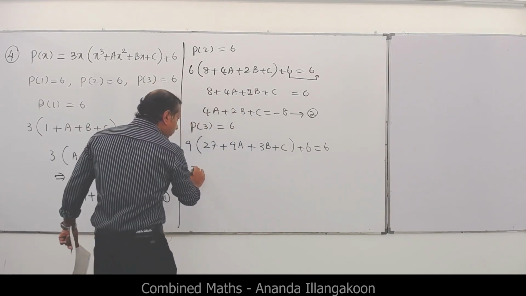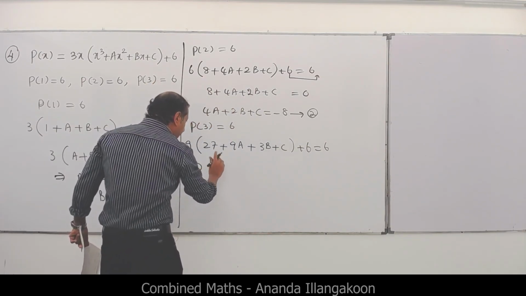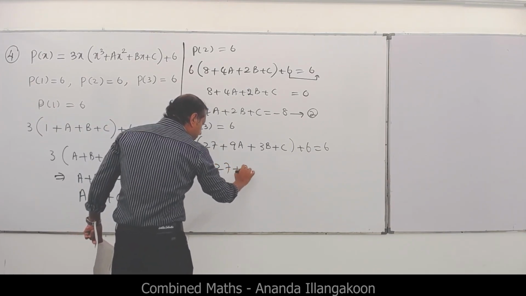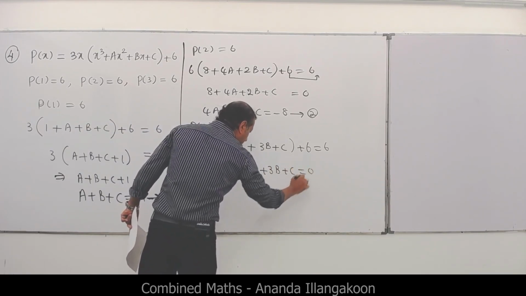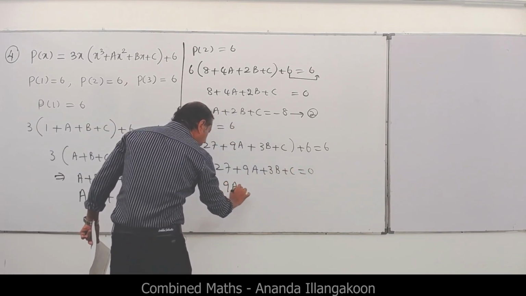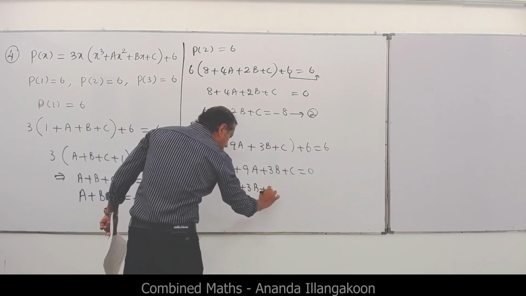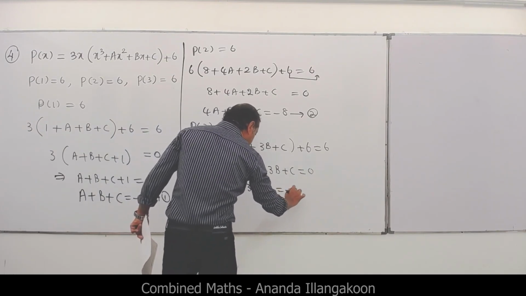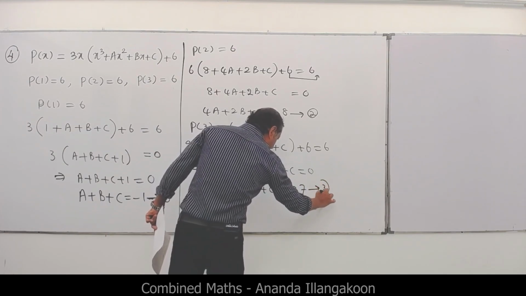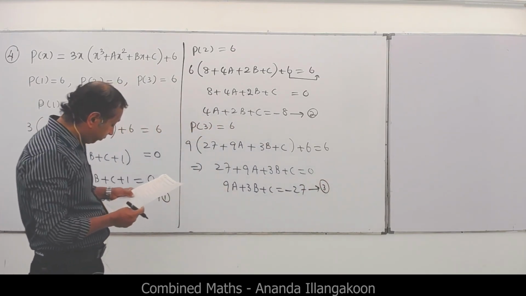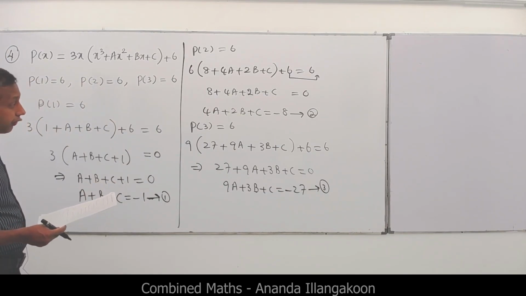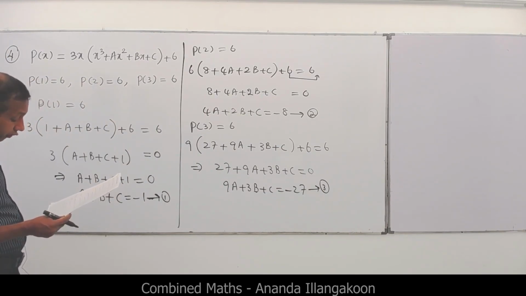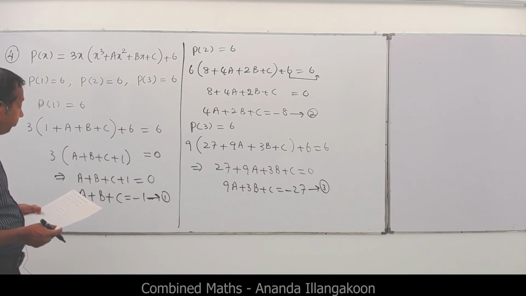This gives us 27 plus 9A plus 3B plus C equals 0. 9A plus 3B plus C is equal to minus 27, number 3. Now there are 3 equations. By solving these 3, we can find A, B and C.